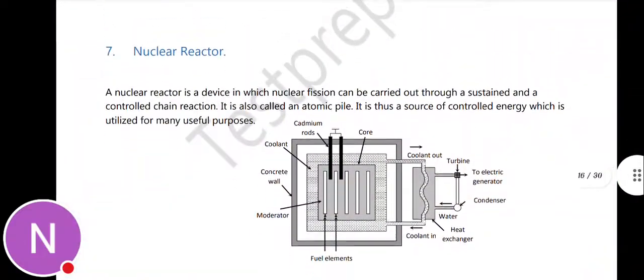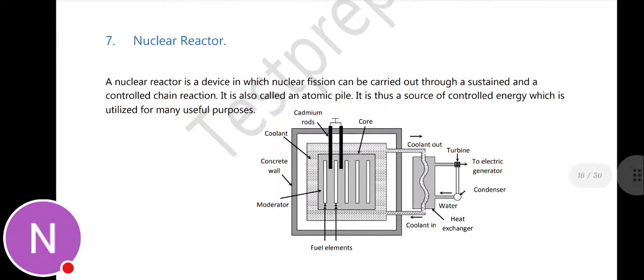Next is the nuclear reactor. The nuclear reactor is a device in which nuclear fission can be carried out through a sustained and controlled chain reaction.